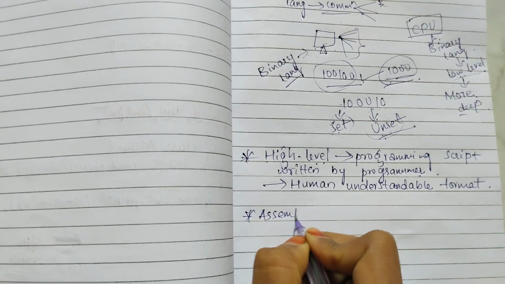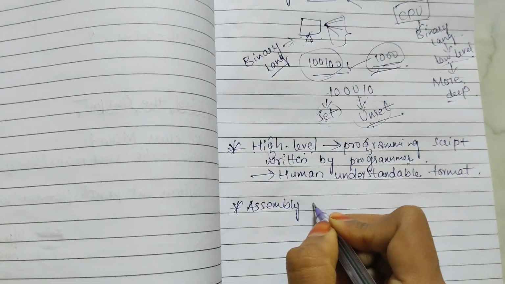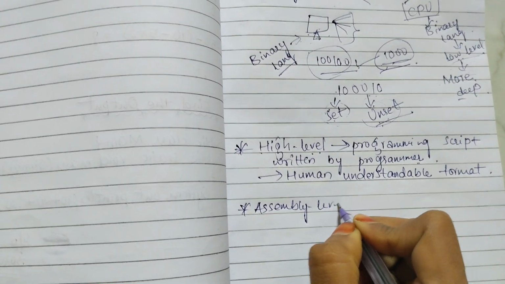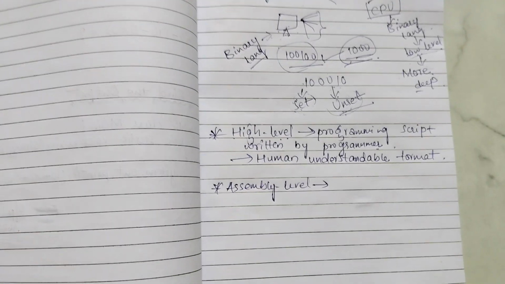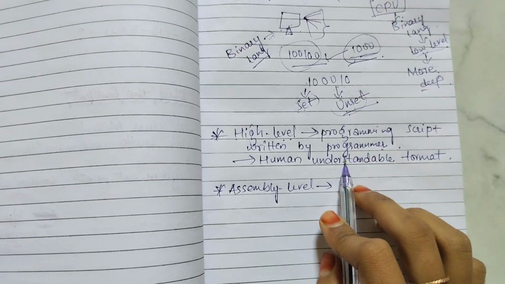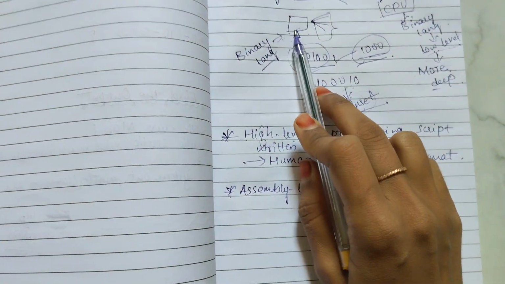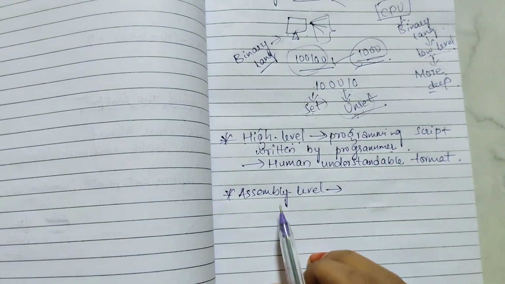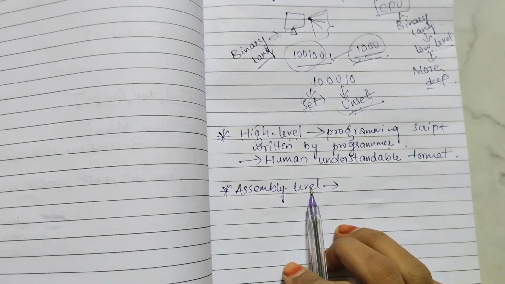Why do we use assembly level language? When we write the script, the programming code, the computer doesn't understand that format. That is why we come up with the assembly level language.